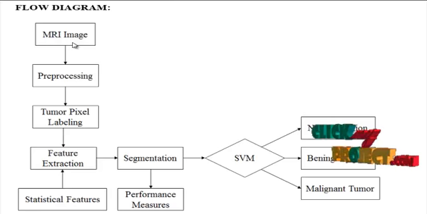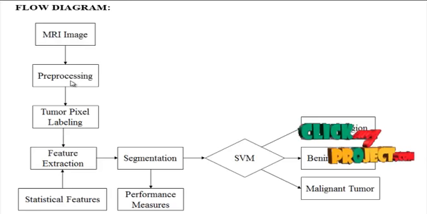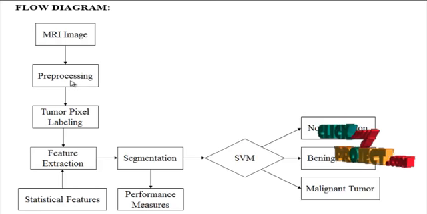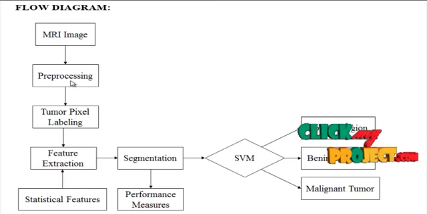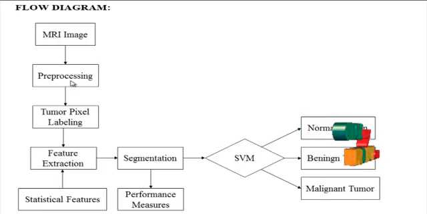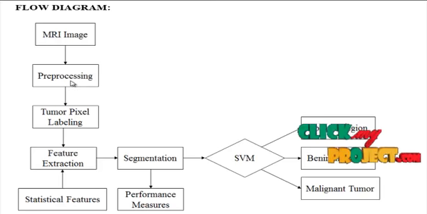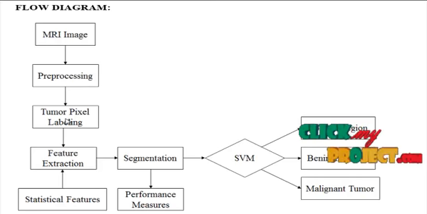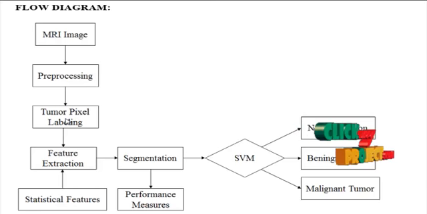The obtained images were pre-processed with the help of filters, where the overall intensities in the images were normalized to a particular range. After that, the tumor pixel labeling is employed.